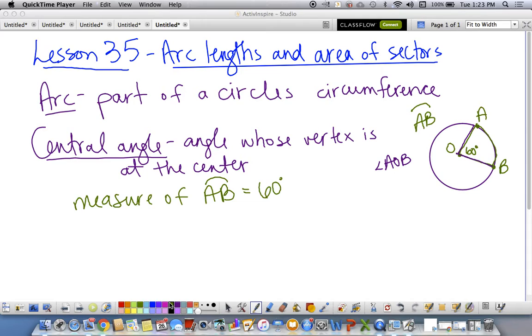Have we yet talked about what an arc length is for our title? No, this is review. We've all seen this before. But let's tie it into, what if I want to know the actual length of the arc? What's something I might need to know?